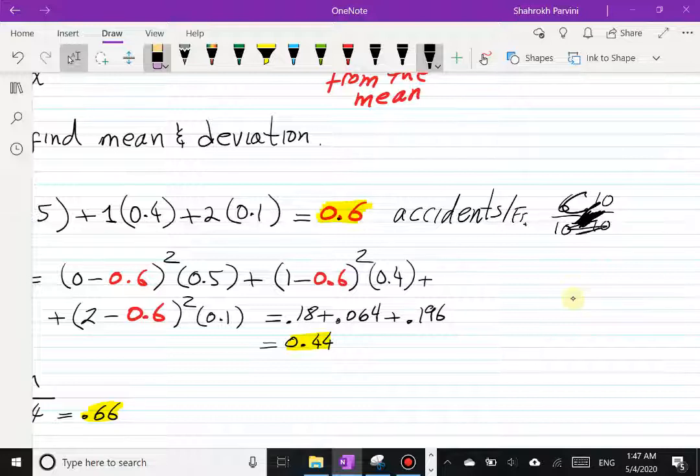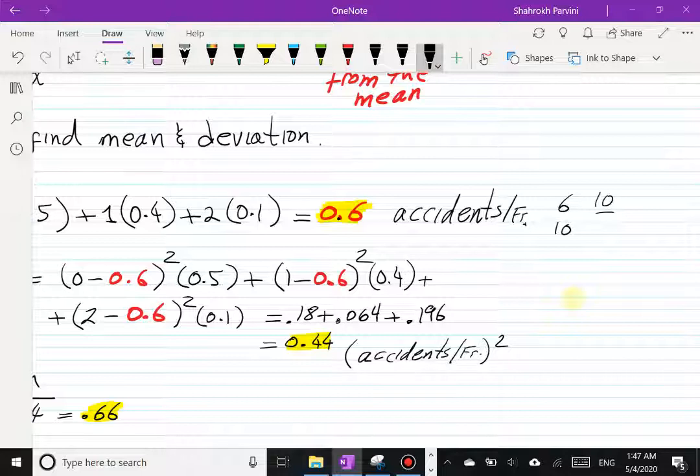Okay. Now, this number 0.44, by the way, is in squared units. So what does this mean? This means accidents per Friday squared.